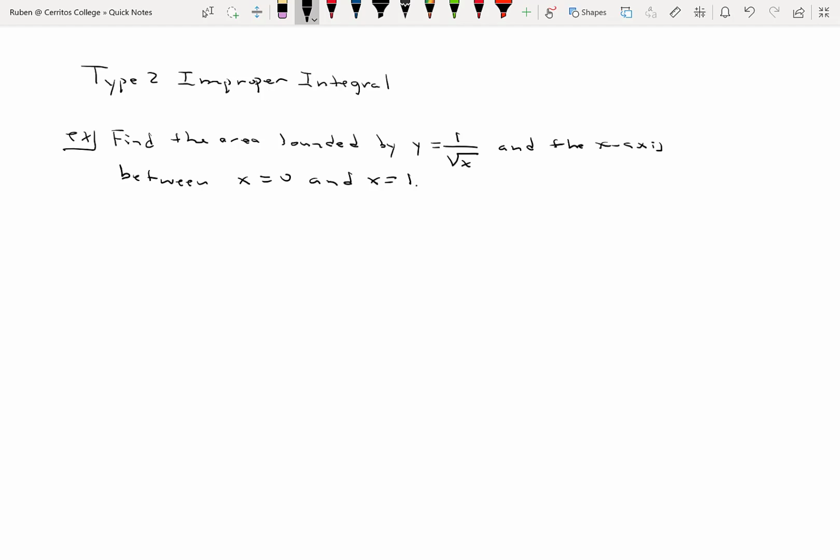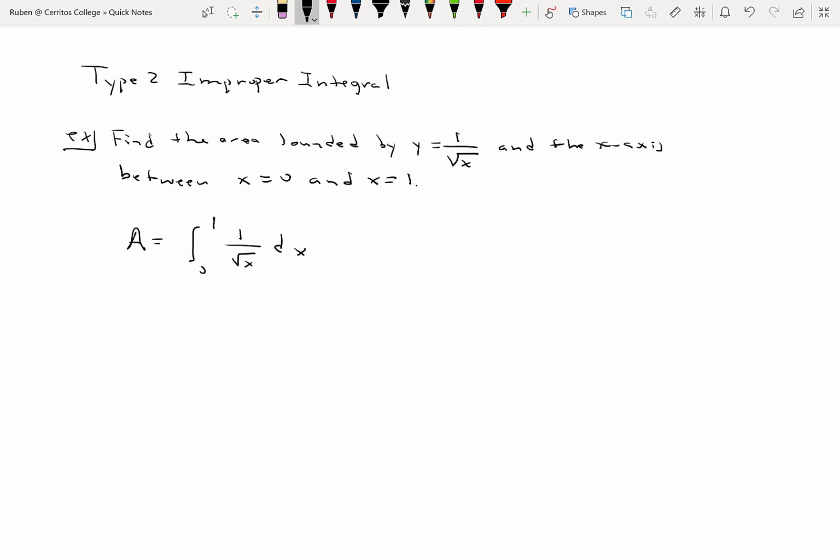If we were to continue as if this were a Calculus 1 problem, we would say the area should be the integral from 0 to 1 of 1 over the square root of x dx. There's a problem here in the very setting up of this integral.